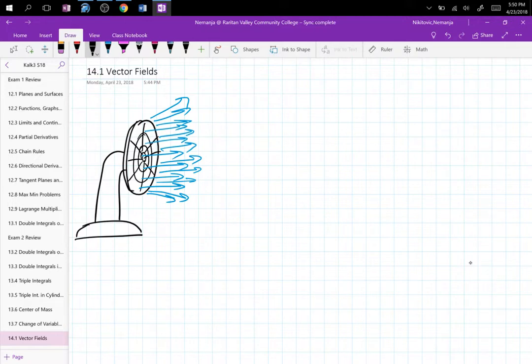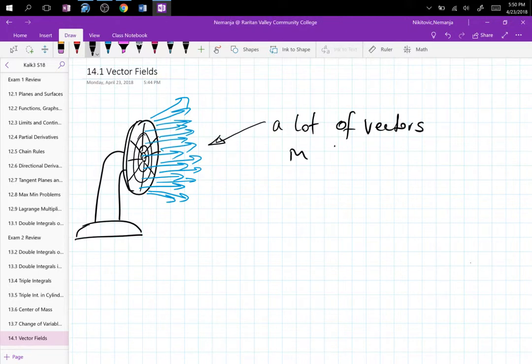So all of this is a lot of vectors in R3. So we will call that a vector field.